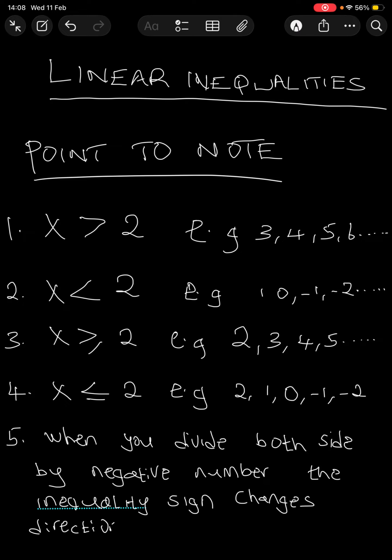So when you divide both sides by a negative number, the inequality sign changes the direction.